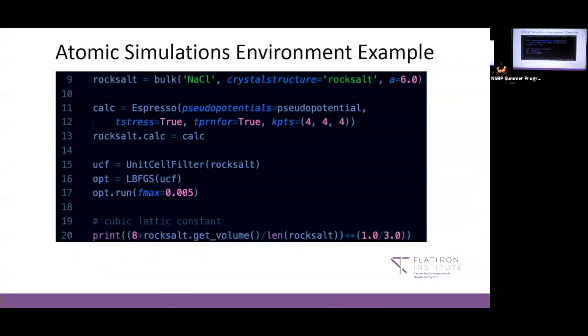Now what we are looking at is a program that we use for the Atomic Simulation Environment. This is an example. The first thing you should notice is that it's much simpler to look at, one. And two, it is written in Python. Python, of course, is much more extensively used throughout the scientific community and therefore is much more user-friendly. It's much easier to get started with studying your structures. The next thing you should notice is if you look at line 11, where it says calc equals Espresso.